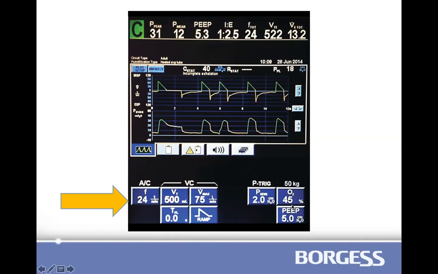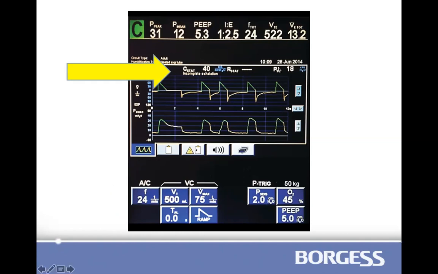The other thing that we have here is the fractional amount of oxygen, sorry. This is 45% and a PEEP of 5, okay. The other thing is that currently the screen is in a frozen mode after somebody did an inspiratory hold to give you the compliance as well as your plateau pressure.